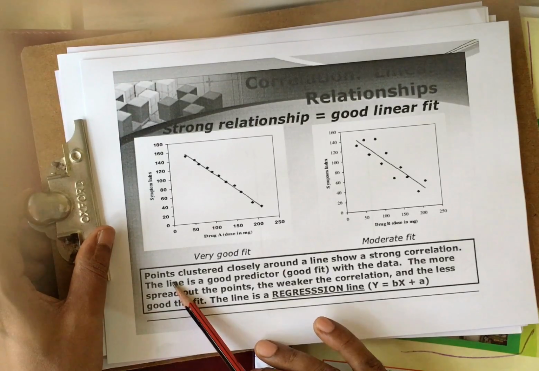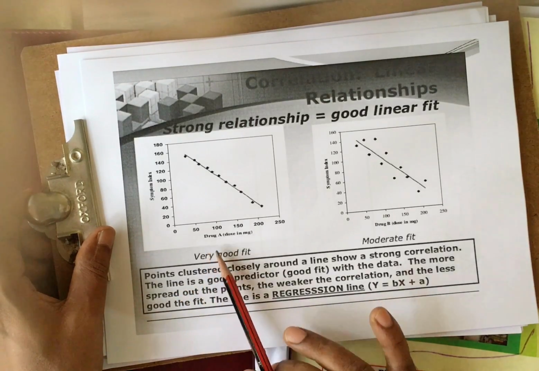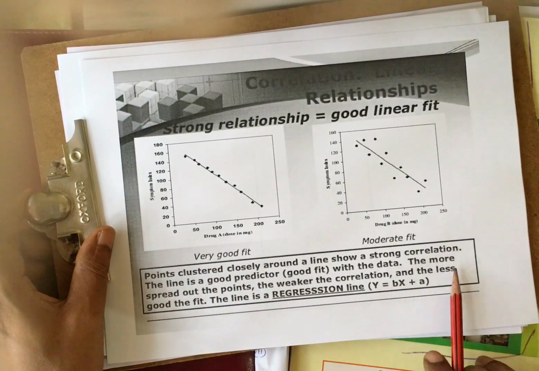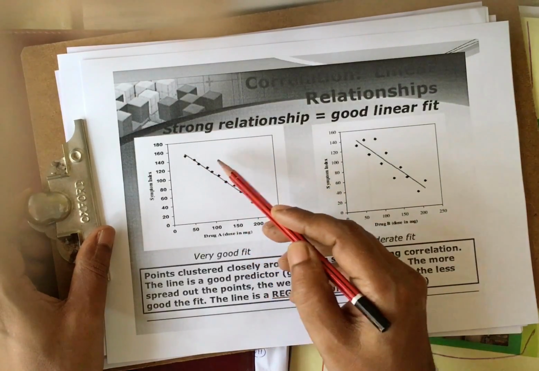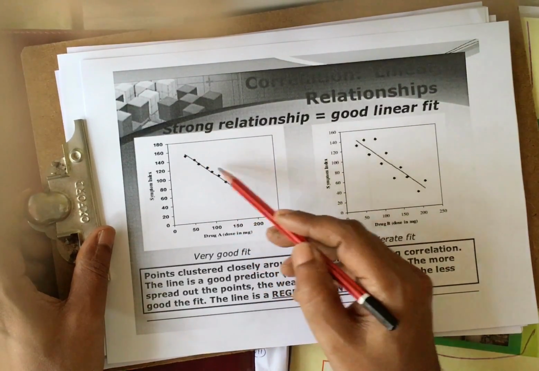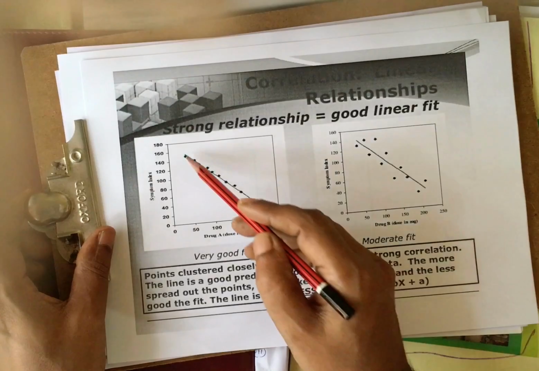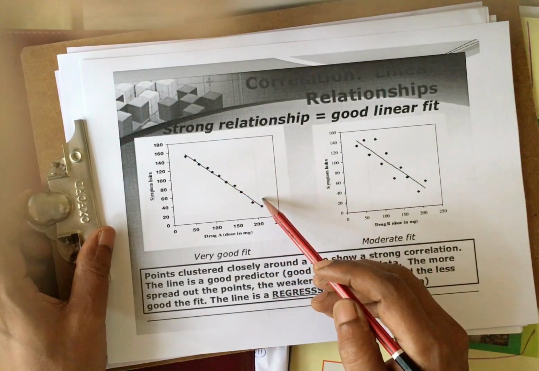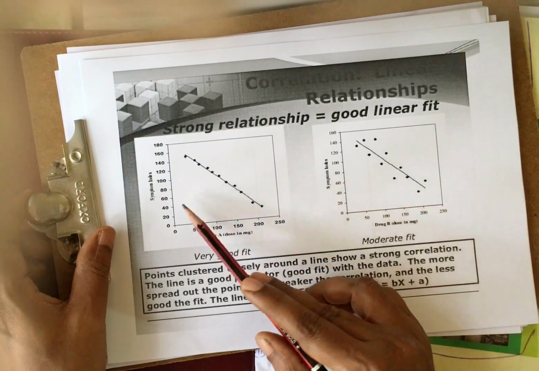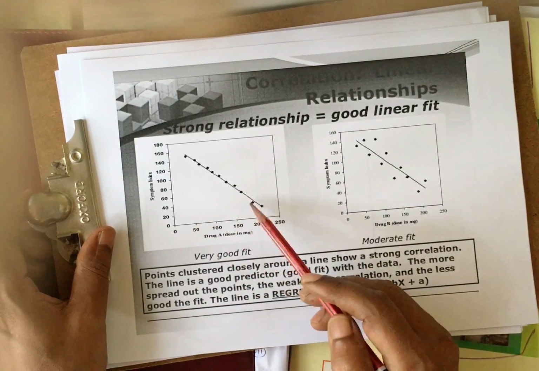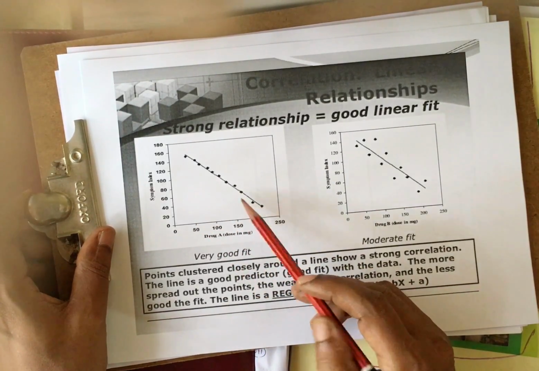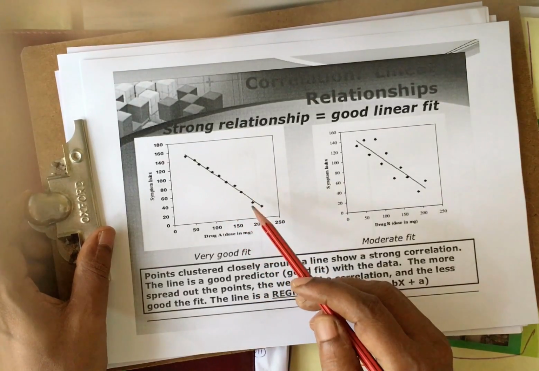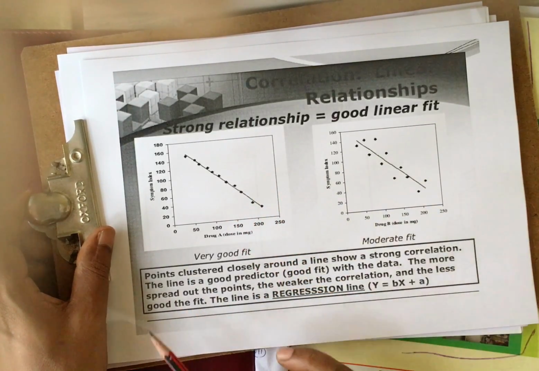The points clustered closely around the line show strong correlation. If you draw a line and the points are touching or close to that line, it means there is a high relation between the x and y good, or variables.